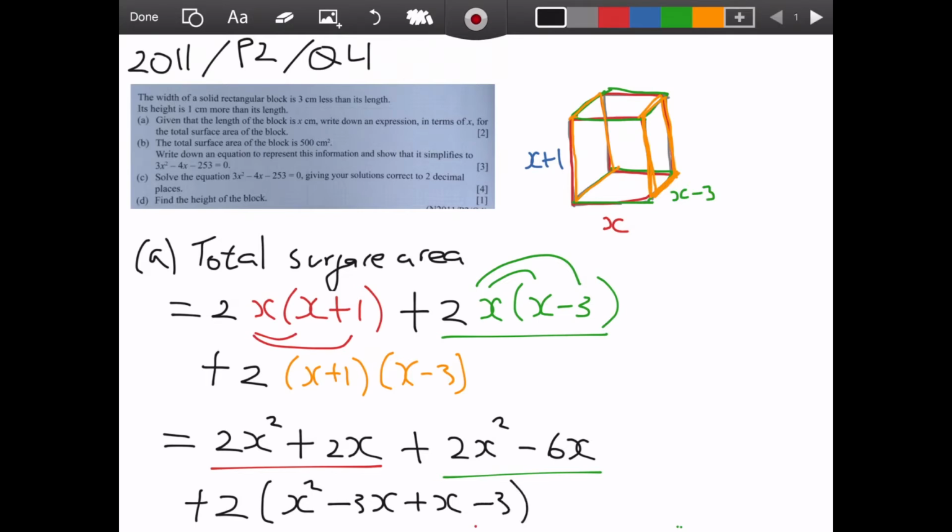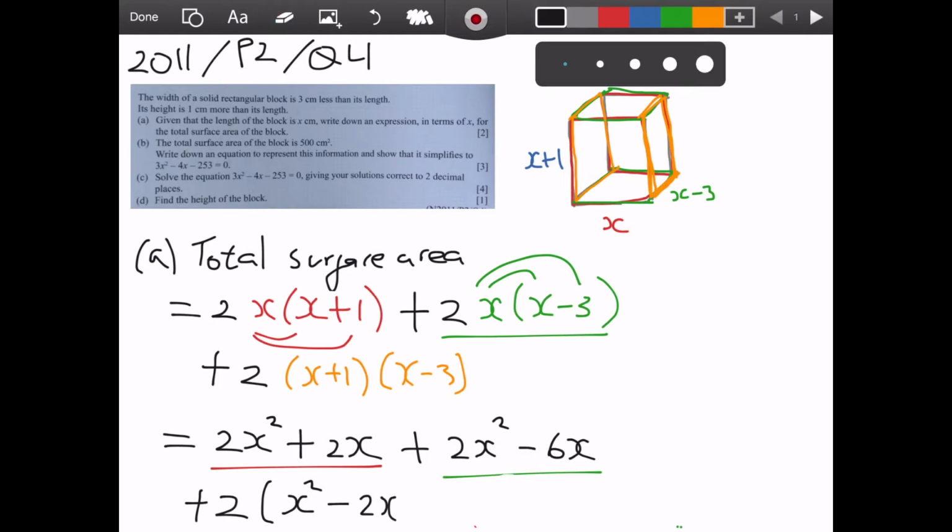So this is equal to, minus 3x plus x is minus 2x, right? Just write down there directly, minus 2x, and then this is minus 3. If you multiply by 2, put it inside, 2x squared minus 4x over here, minus 6, right?